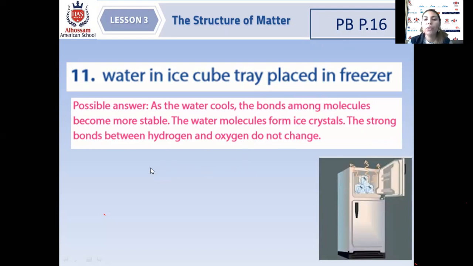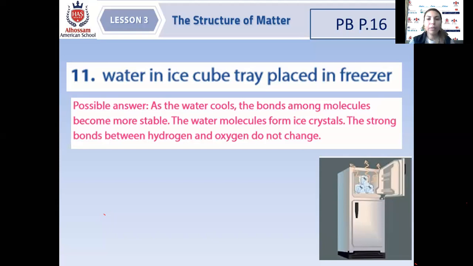So again, if we draw the H2O, the bonds between water molecules will be more stable and tighter to each other, so it forms the crystal, the solid shape of water, and the bond between the hydrogen and the oxygen is not affected, does not change, because it's a strong bond.